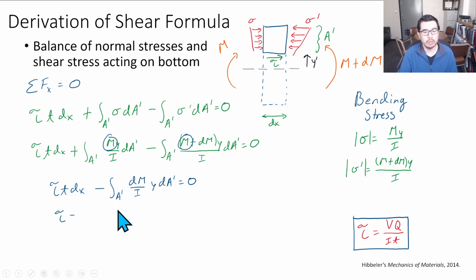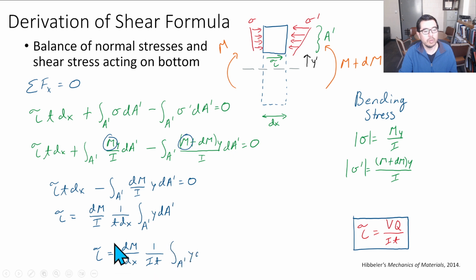We can go a little bit further and break out the quantity dM if it's not changing. Then we have our I, the same I that we had before, the second moment of area, which is dependent on the cross section. We have our t dx, and we have our integral over A prime of y dA prime.